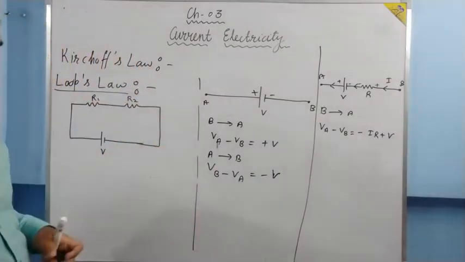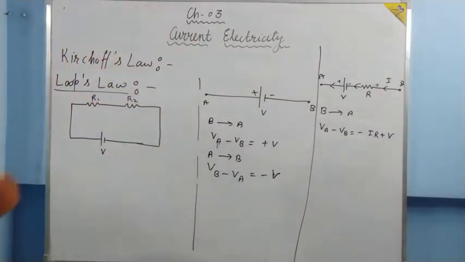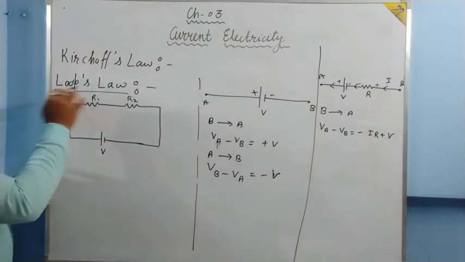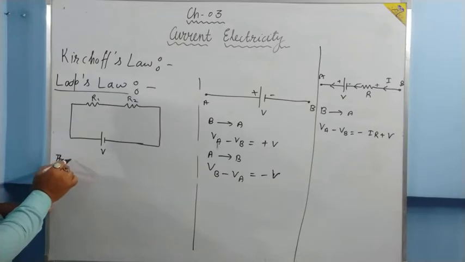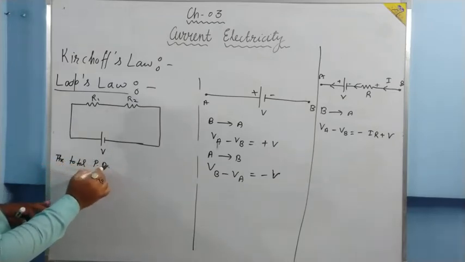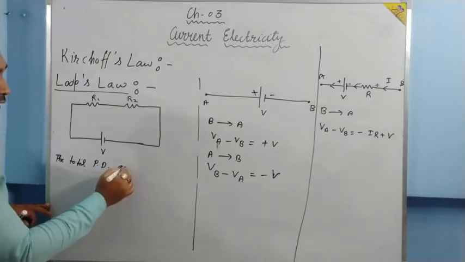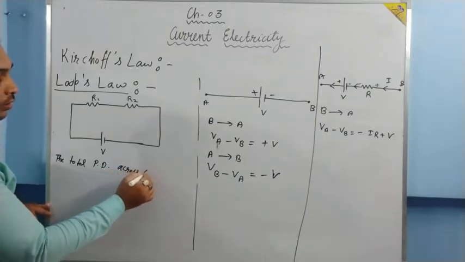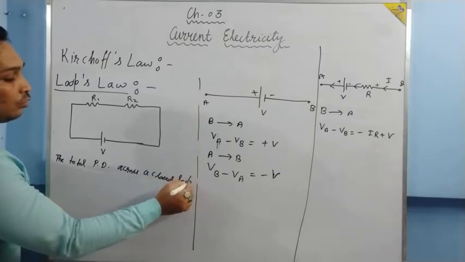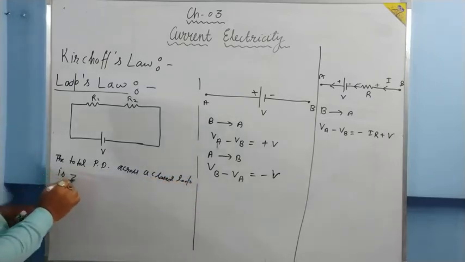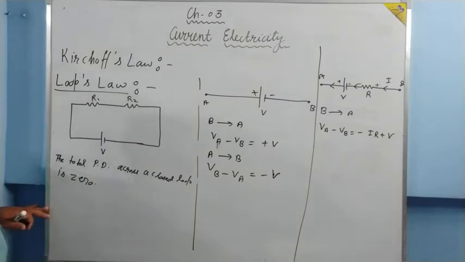Now Kirchhoff's second law, the loop law, says that the total potential difference across a closed loop is zero. That is, sigma delta V is equal to 0.